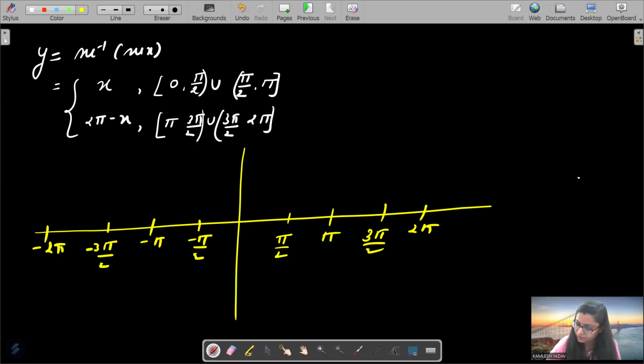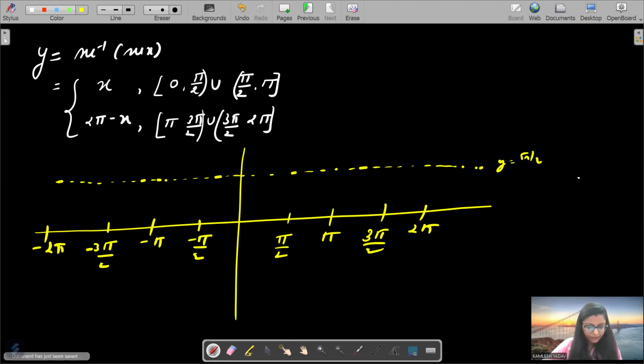And this is the graph of cosec inverse, no? So draw the dotted line, y is equal to what? Pi by 2. Okay, see what I do here. Here I draw a line like this, which meets at pi.